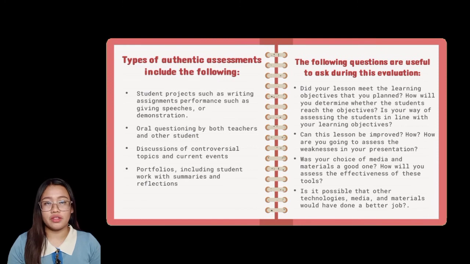This is done by both teachers and students. The teachers could ask questions and the students will answer, and also students could ask questions and the teacher could answer. Another is the discussion of controversial topics and current products or current events.